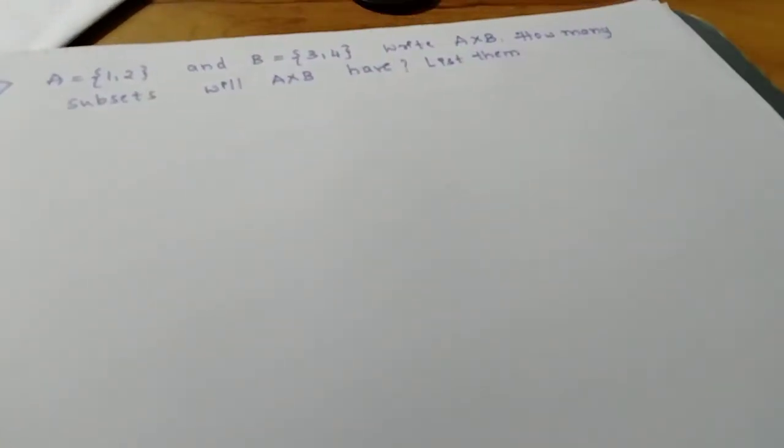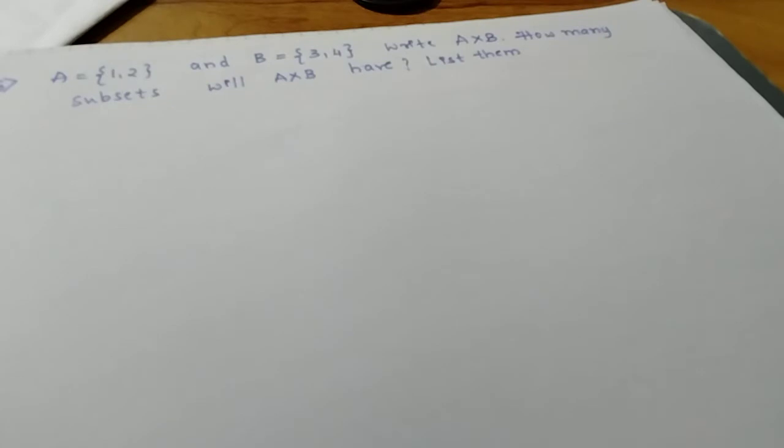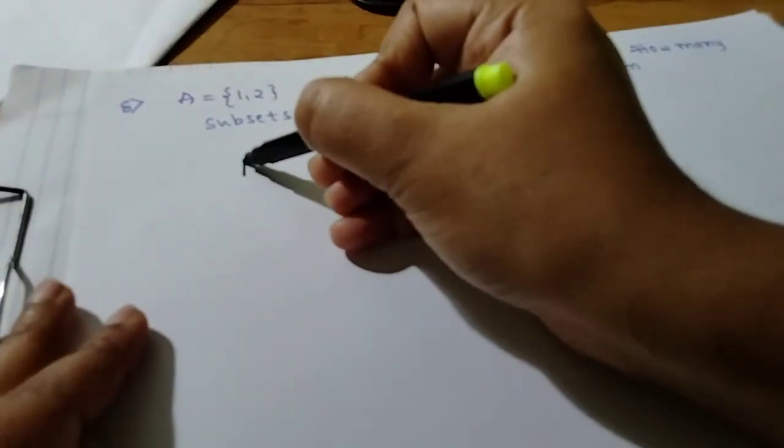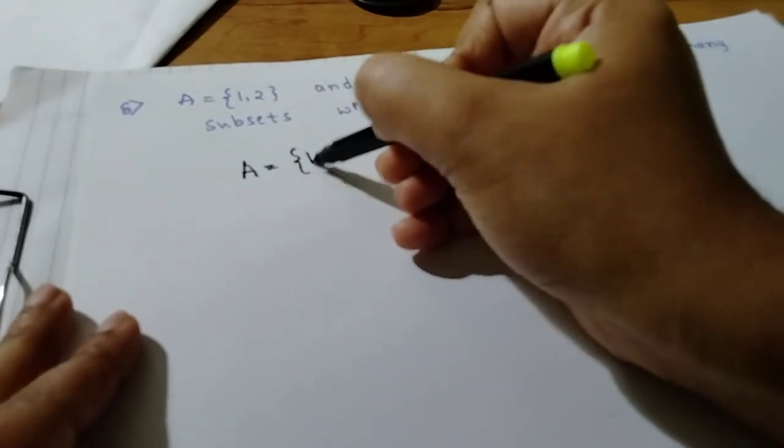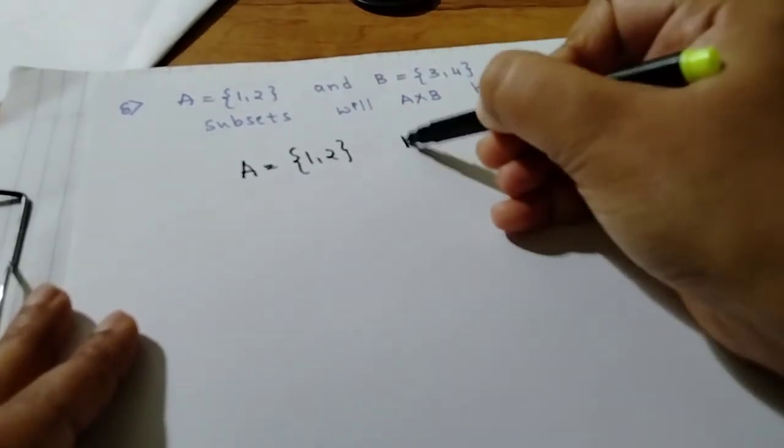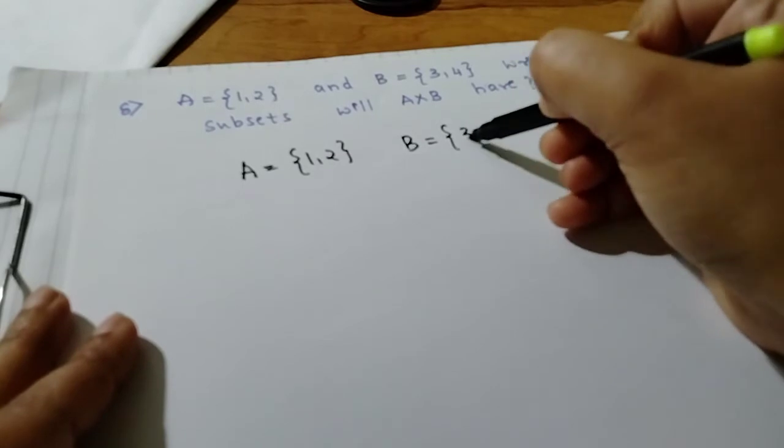Next, I'll move on to the 8th example from your textbook. If A is equal to {1, 2} and B is equal to {3, 4}, write A cross B. And how many subsets will A cross B have? They have asked. So A is equal to {1, 2} and B is equal to {3, 4}.